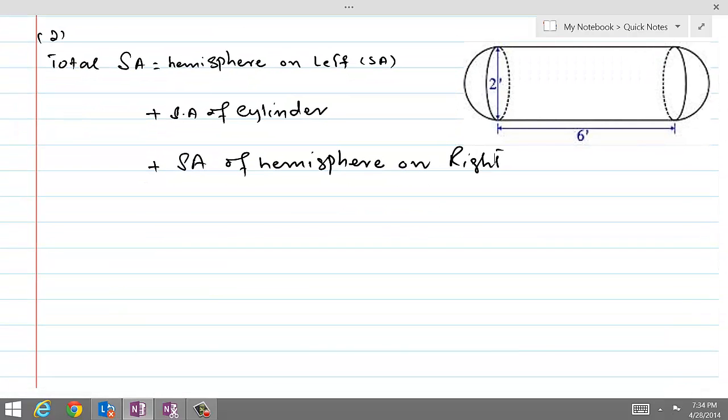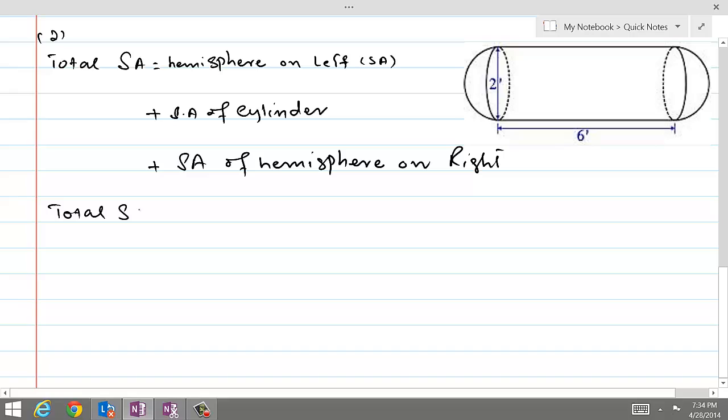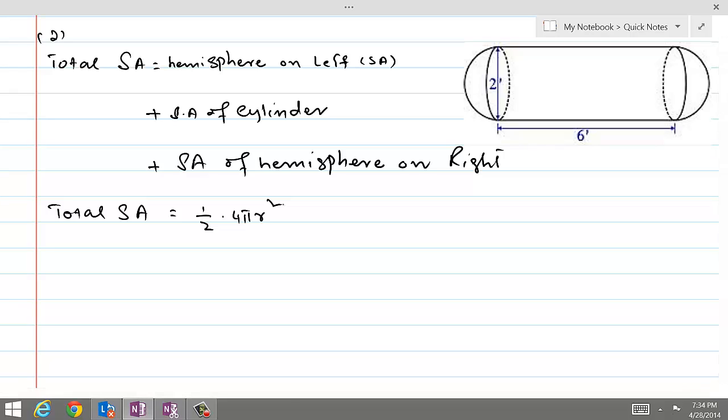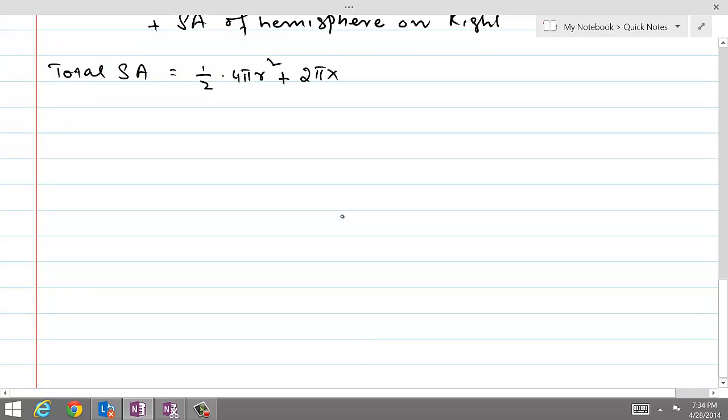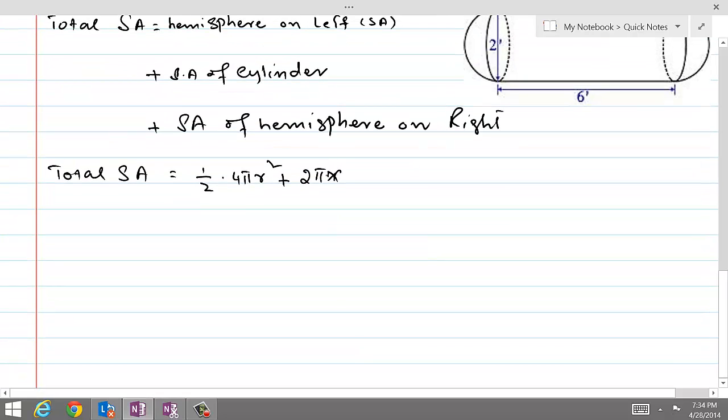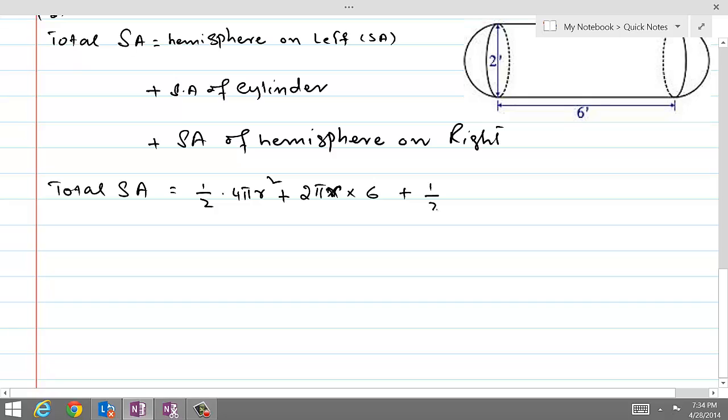So what is the surface area of a sphere? That is 4 pi r squared, but for total surface area, total SA is equal to 1 by 2 times 4 pi r squared, that is half of that, the surface area of the hemisphere on the left, plus 2 pi r times 6, which is the length, 6 feet, plus the surface area of the hemisphere on the right, that is again 1 by 2 times 4 pi r squared.